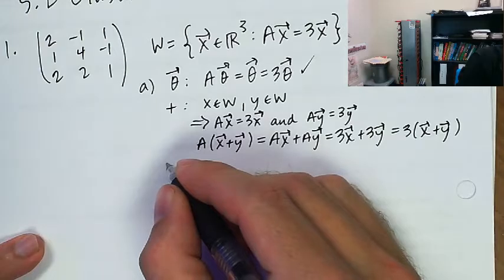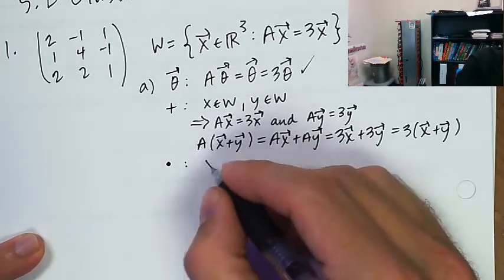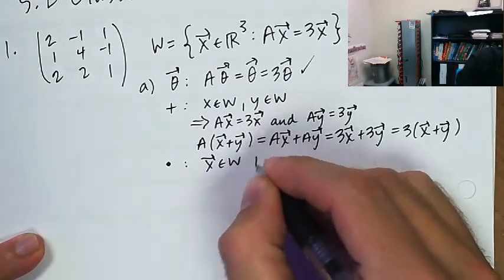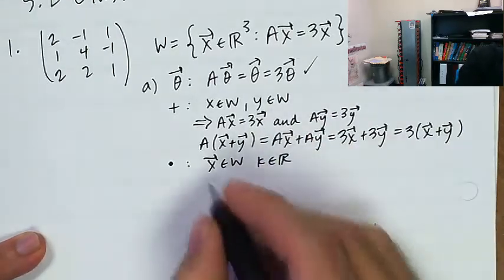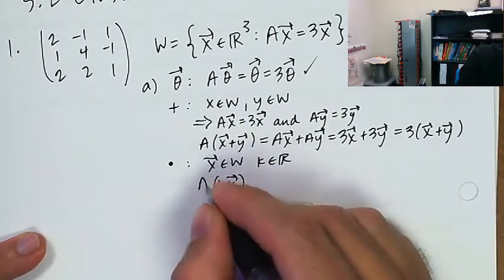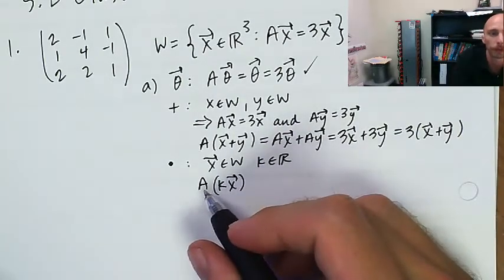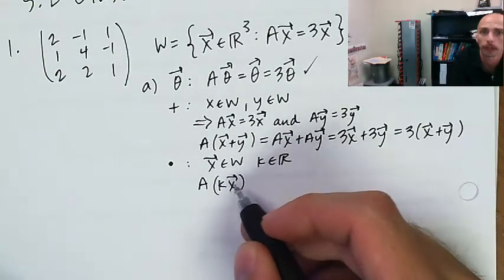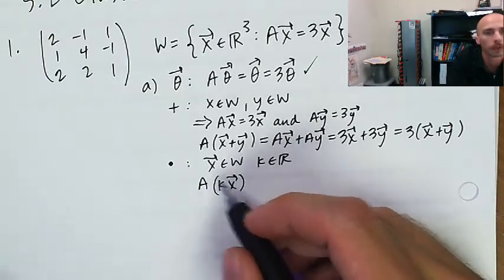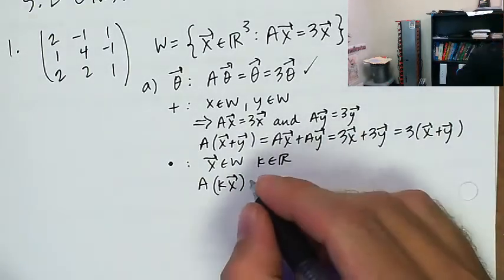It's closed under scalar multiplication is going to be, okay, so suppose X is in W and K is a real number. Let's see what happens to KX. This is a property that if I do matrix multiplication on a scalar multiple of a vector, I could do the matrix-vector multiplication and then scale it up afterwards.